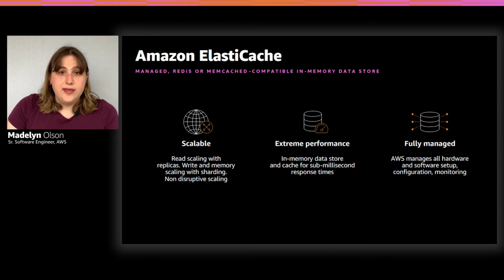We also spend time to finely tune our engines to give you the best performance in terms of raw throughput numbers and in terms of price performance. And of course, we are a fully managed AWS service, making it as easy as possible to configure, set up, and manage your workloads, so you're able to focus on solving your business needs.